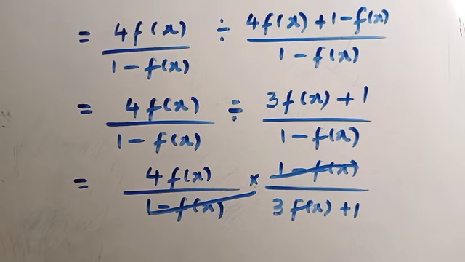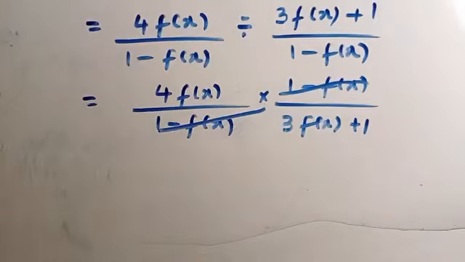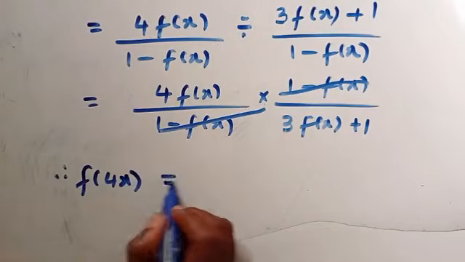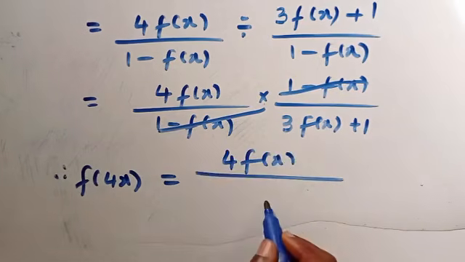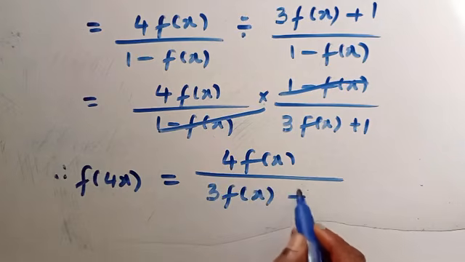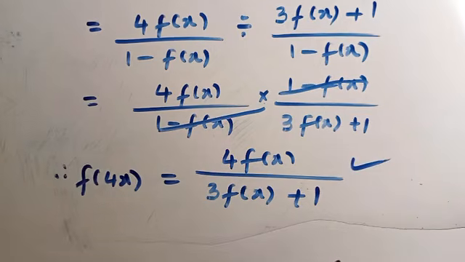Both cancel. And when they cancel, we are left with the answer that we needed, which is f of 4x equals 4f of x divided by 3f of x plus 1. So this gives us the answer to this problem.